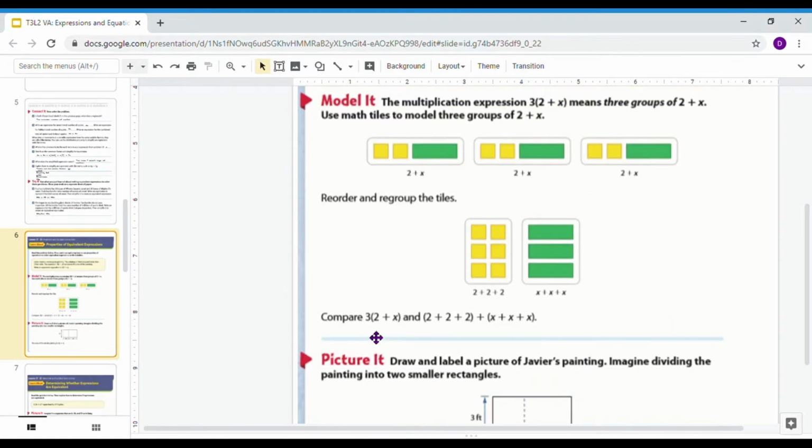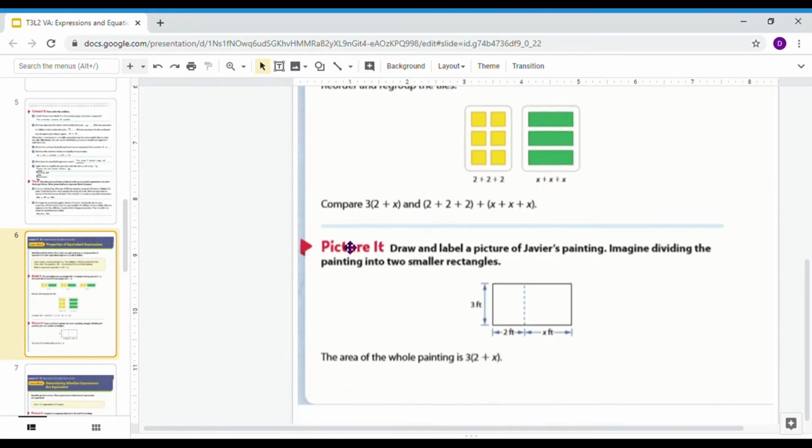And now I can think about this original problem, 3 times 2 plus x, as 2 plus 2 plus 2 plus x plus x plus x. They are absolutely the same thing. My value never changed. I just reordered it and regrouped it. But I can do that as long as I'm doing addition. So here's your picturing it.